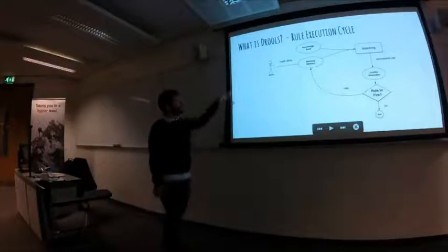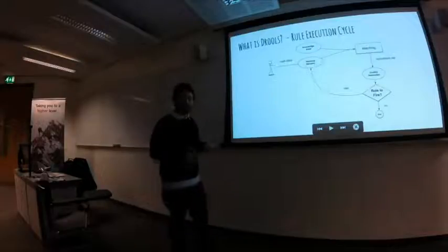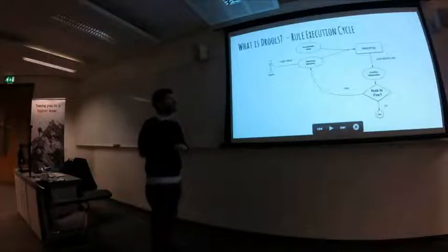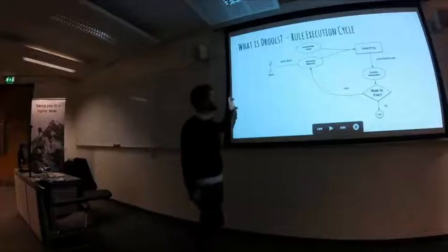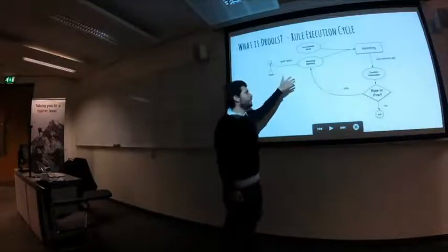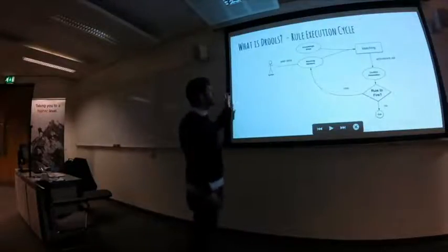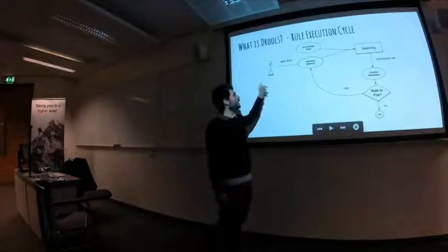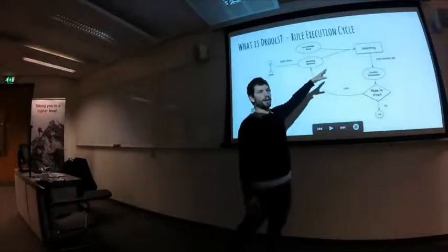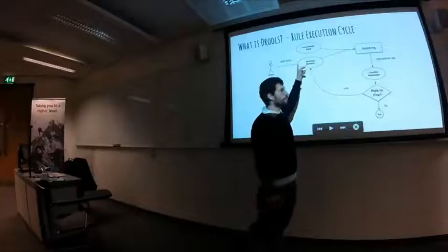This graph here shows the loop, the execution cycle of the rules. You have a lot of rules, you have data inside the rule engine, and when you put your data inside, the rule engine goes and matches all the data with your rules.